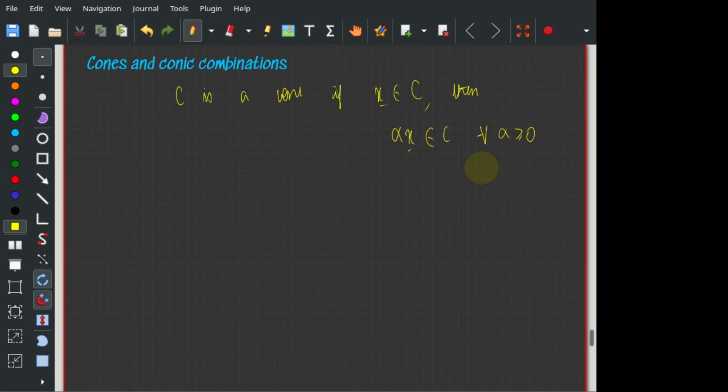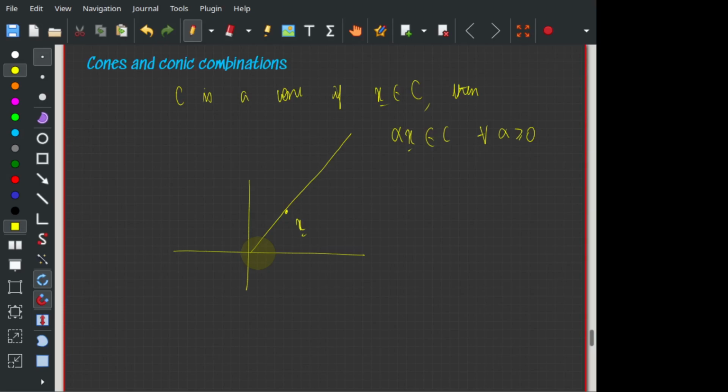Okay, so I have R2. I take any point. Let's call this point x. So what is the set of all alpha x for alpha greater than or equal to 0 going to look like? It's basically this straight line originating from 0 and passing through this point. It goes all the way up to infinity, but only in one direction.